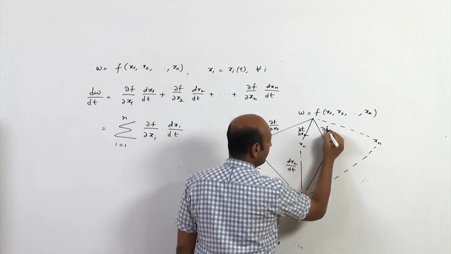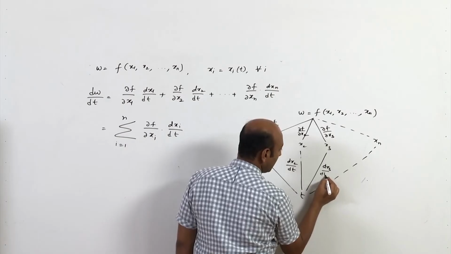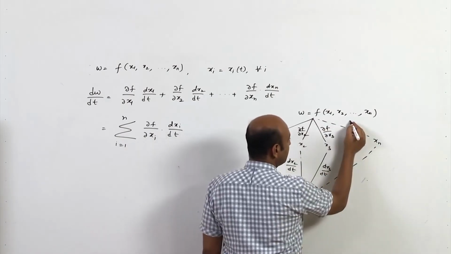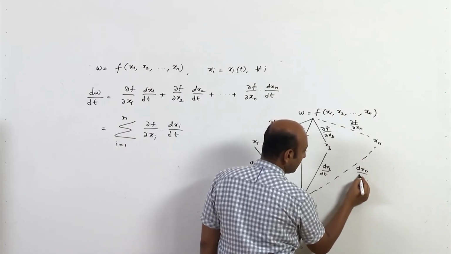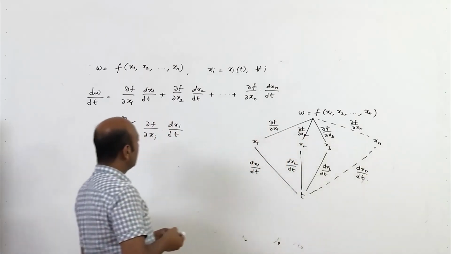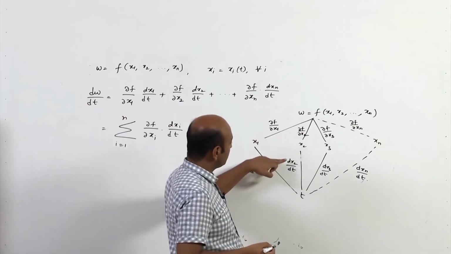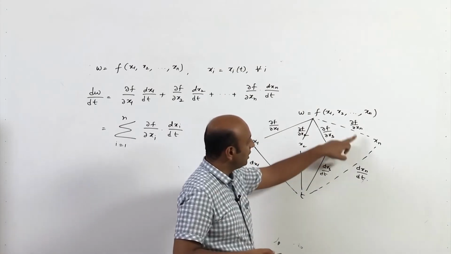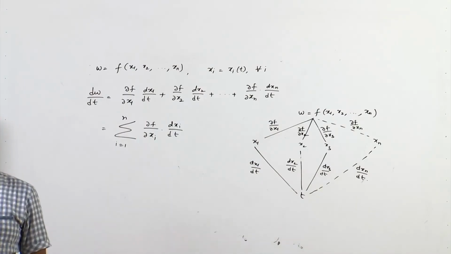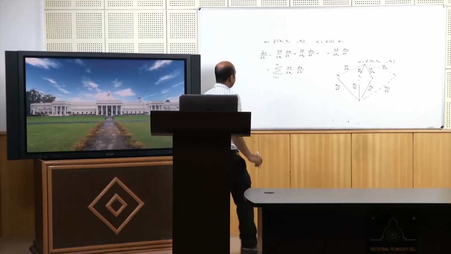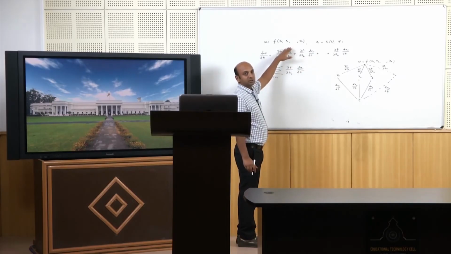It is del f by del x3 into dx3 by dt, and from the last branch it is del f by del xn into dxn by dt. Therefore dw by dt will be this into this plus this into this plus this into this, and so on up to this into this. So that is how we can easily obtain dw by dt applying the chain rule for an n-variable function.